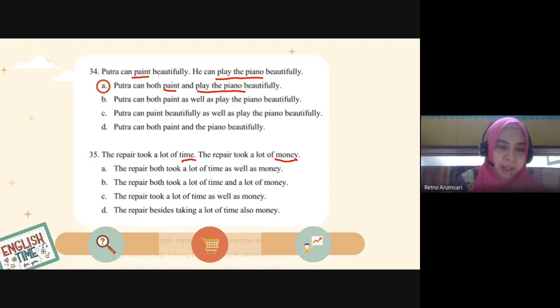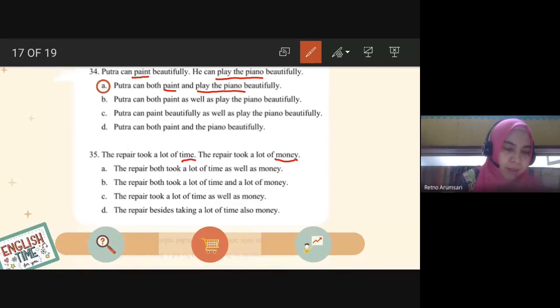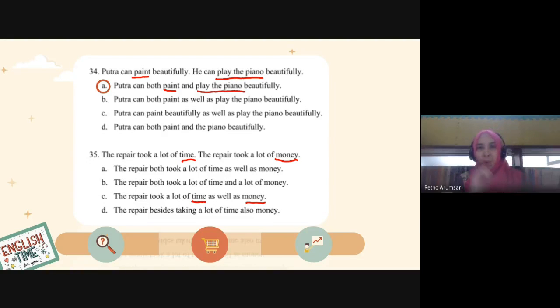Is that right, 6C? Yes, that's right. Okay, you put "as well as" between the first difference and the second difference. Okay, thank you, Alisa. The answer is C.